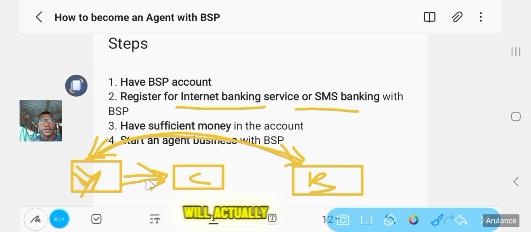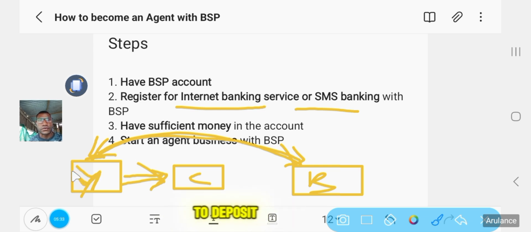Usually, let me give you a scenario. A client will come to you, and since the bank is queued up, they will ask you to do some transaction.